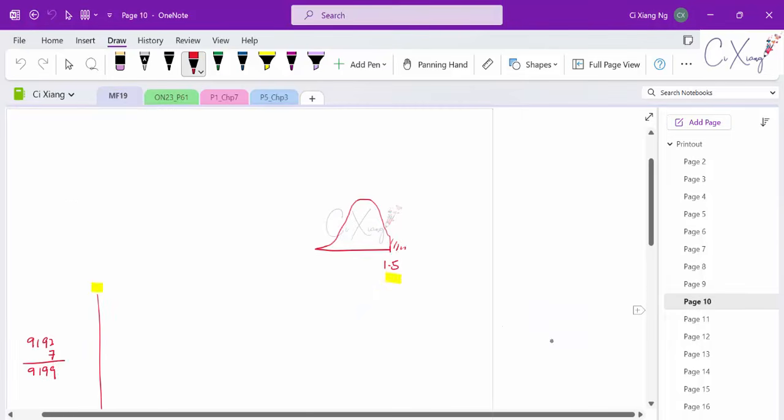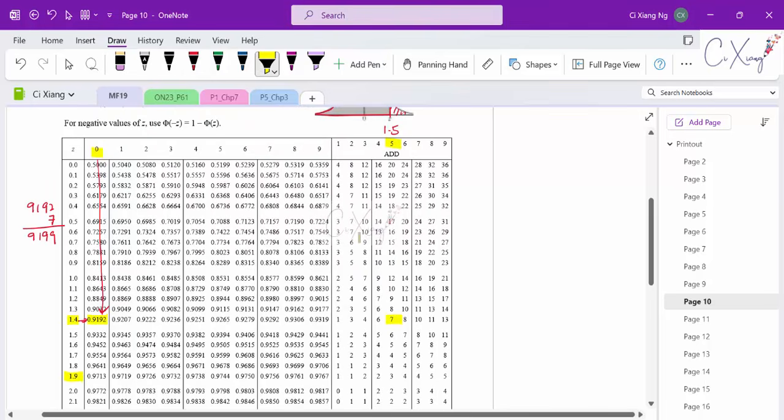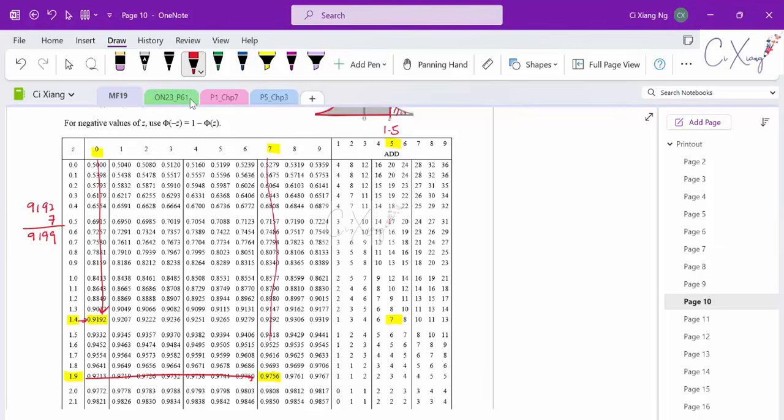So again, where's 1.973? You look for 1.9, 1.97. So it's this one, 1.97, then 3. So where's the 3 here? This is the 3. So I'm going to take the value for this, which means you have to take 9756 plus a 2 at the last digit of the 9756.